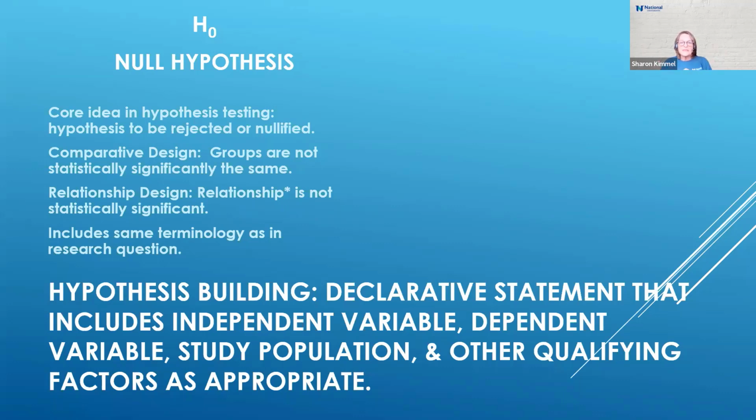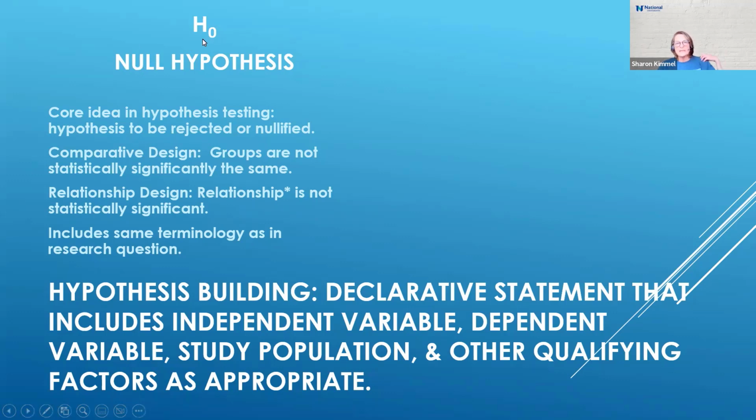Note that it includes the same terminology as in the research questions. The null hypothesis is denoted by an H sub 0. So think null, no difference, and think sub 0.